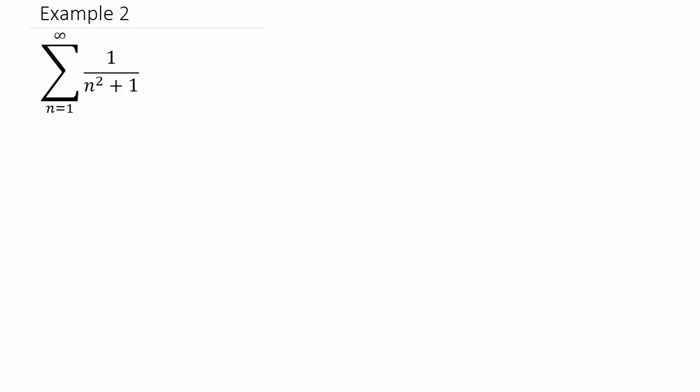Alright, so let's take a look at the second example. Here's my series: n goes from 1 to infinity of 1 over n squared plus 1. Remember, it has to be positive, continuous, and decreasing, and all of this when x is greater than or equal to 1.